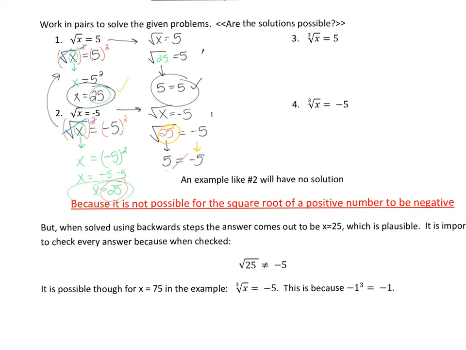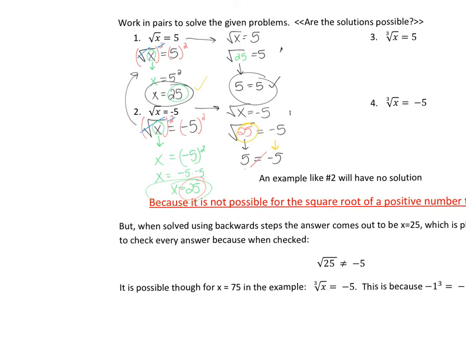Okay? It is not possible. So what I want you to realize, I'm going to note it over here. This is very important. When we have a problem that has a negative number after the equal sign, and it's just the square root on one side and a number on the other, it will always be no solution.